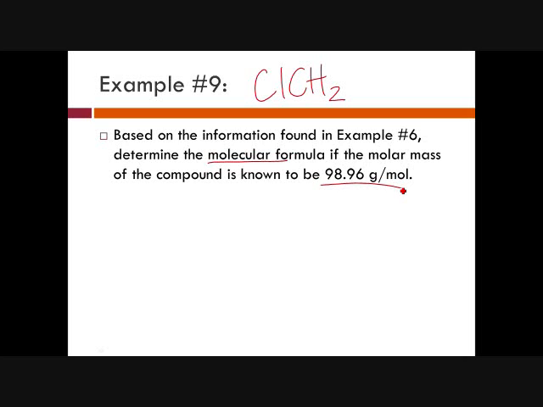So we're going to take 98.96 divided by the molar mass of ClCH2. Can somebody tell me what that molar mass is? Or do you want me to just do it because we're going to be done soon? I got this molar mass to be 49.48.